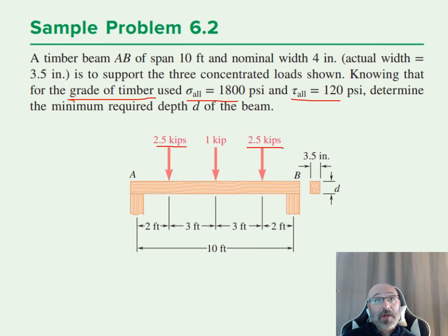Or they might tell us the grade of timber, and we need to know where to go to get the information that we need to plug in. This is a more simplistic problem with all that information in the problem statement. I just want to let you know where we're headed with these types of problems in the future: not everything is going to be nice and neat and given to you in the problem statement. But for this case, we're just going to practice our governing equations and apply the theory that we learned. This is a great way to do that.